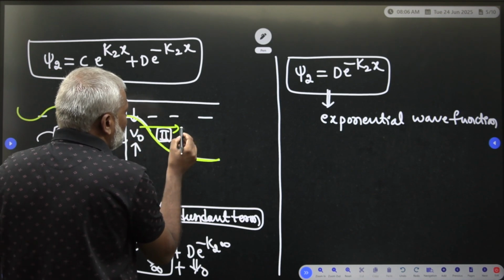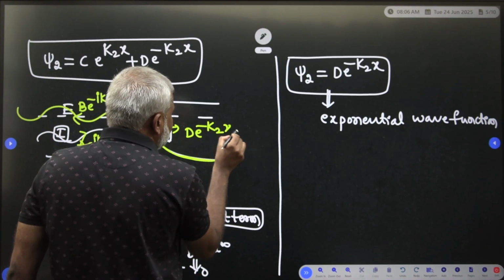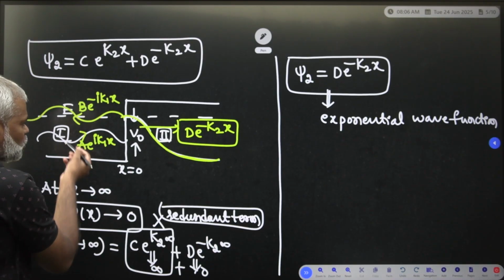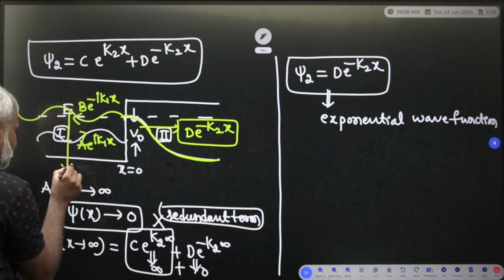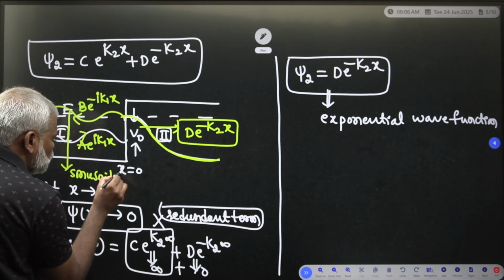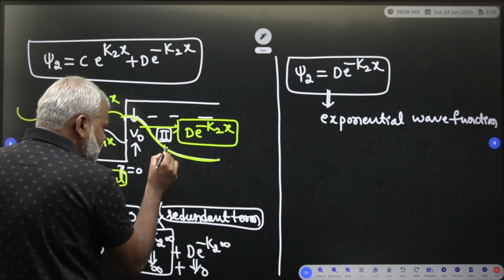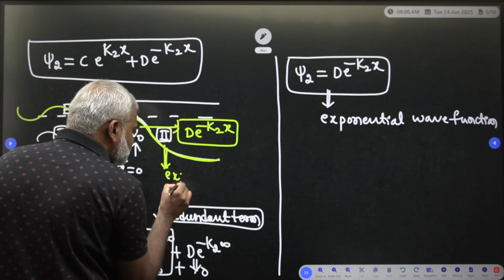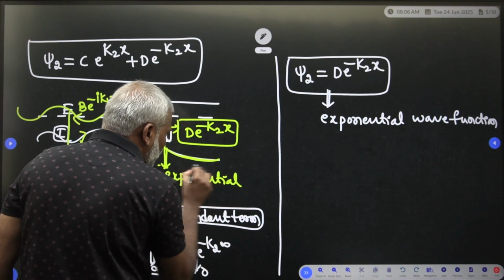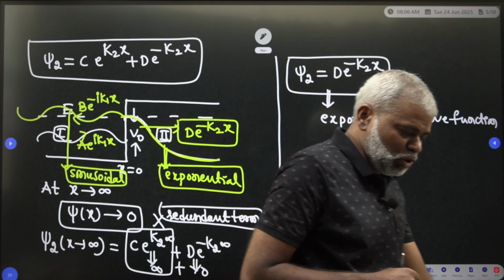This is exponential, D e to the power of minus k2x, while these two beams are sinusoidal wave functions. This one is an exponentially decaying wave function.